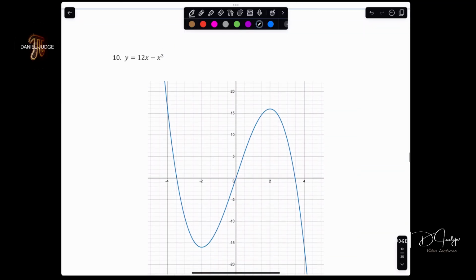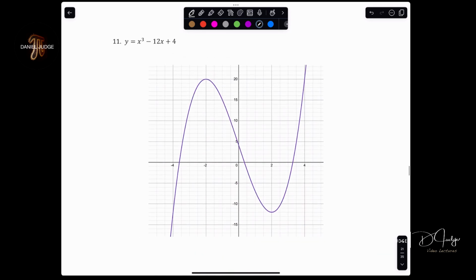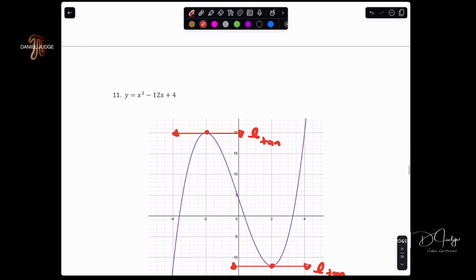All right, number 10, you guys can try. I'm going to do number 11 here, okay? And again, I'm going to point out to you guys, you're at the top of the hill right here. So I can already tell you when you're at the top of a hill and when you're at the bottom of a hill, that's the location of your horizontal tangents, right?